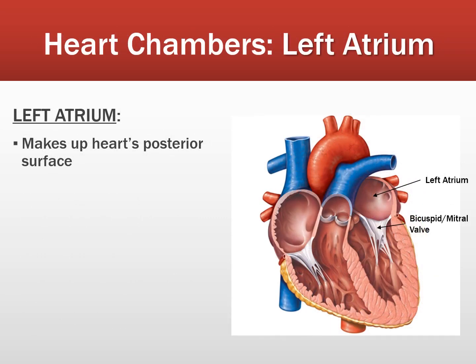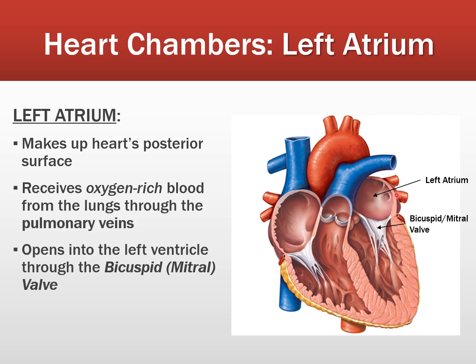So the left atrium is pretty unremarkable. It makes up the posterior side of the heart, right up against the back of the thorax, and it's going to receive the blood from the lungs. So it comes through the pulmonary veins to that left atrium.